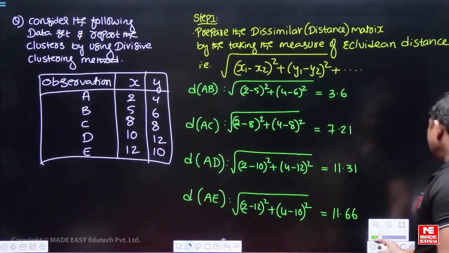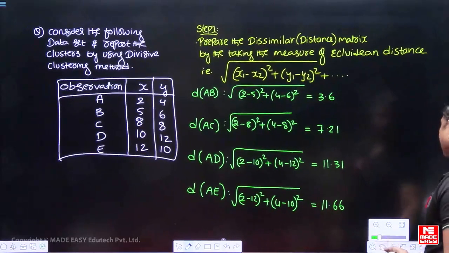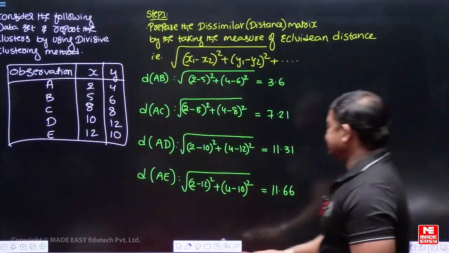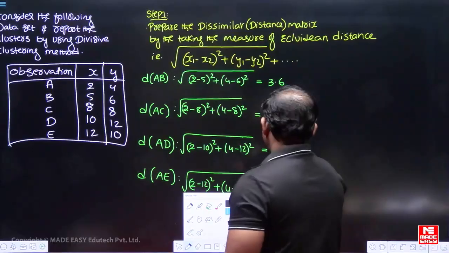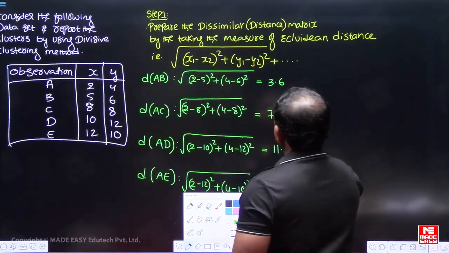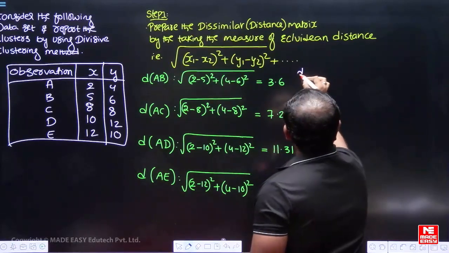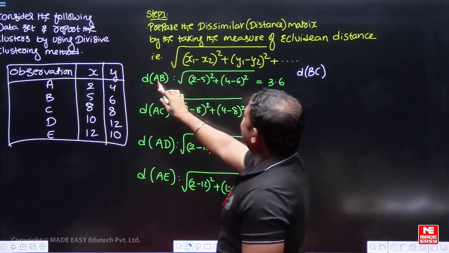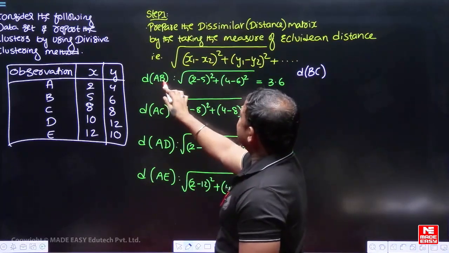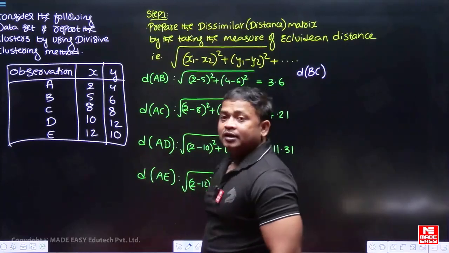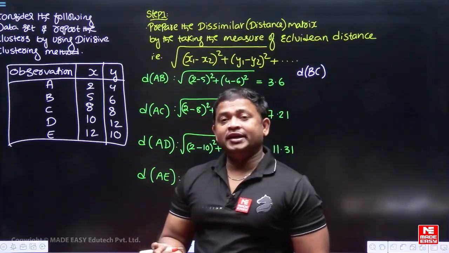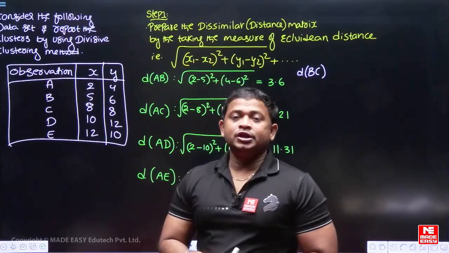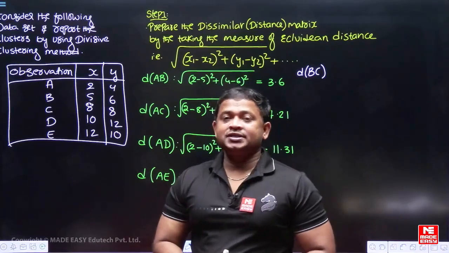Now come to the distance from data point B to other data points. Here I want to take the distance of BC, because the distance of AB is also equal to the distance of BA. If you identify, the A to B distance and the B to A distance are the same, so no need to calculate the B to A distance again.